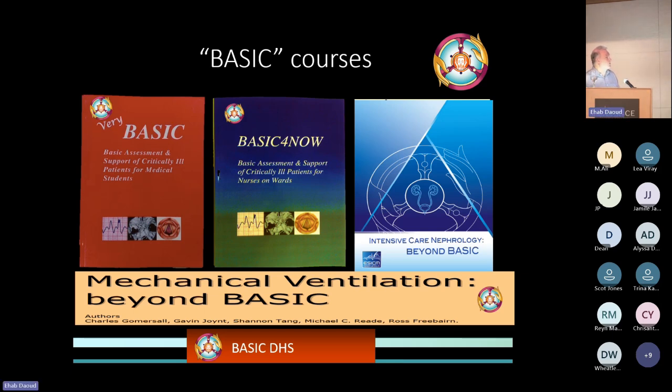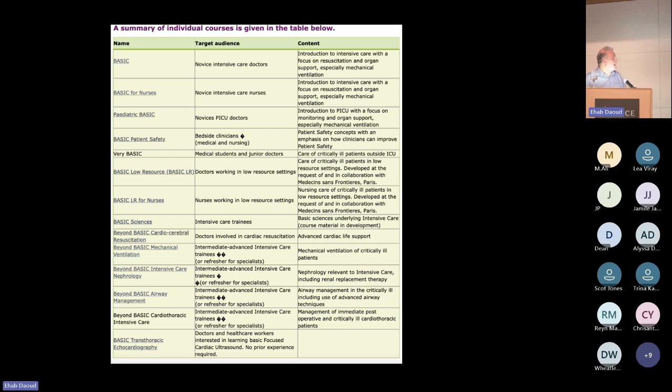These are all available. This will be unreadable, I'm sure, from the back, just showing the range of courses we have. We also now have a bunch called Basic LR, used to be called PHS, low resource Basic courses, which are available for patients in hospitals that have less resource than you and I would normally expect in our first world nation.